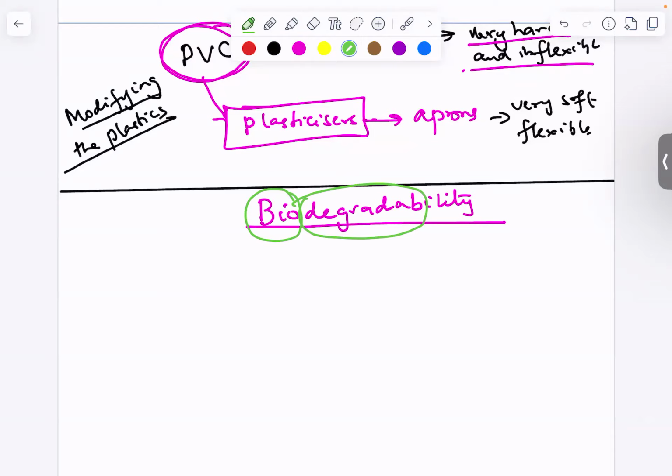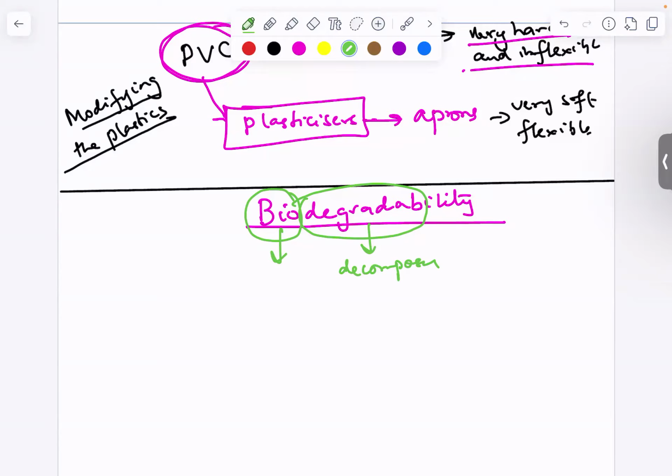Now, anything comes to your mind? Like stuff that can be decomposed naturally. Well done. Yes, degradability means something decomposes, and bio is something like natural.